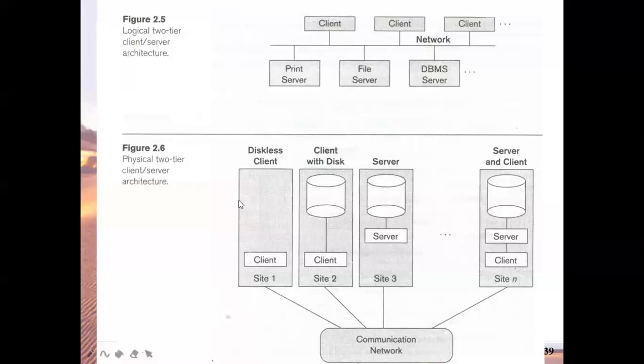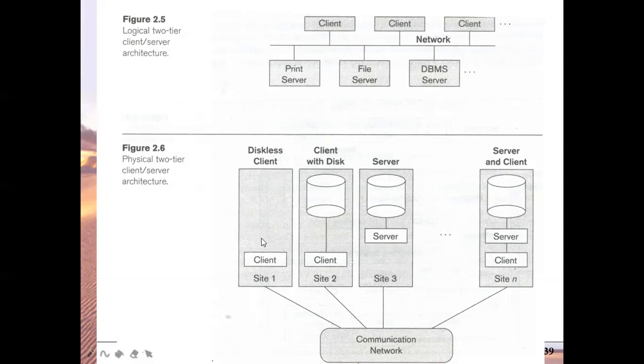Yeah. So here you can see the clients are two, and then there are two servers, which communicate via communication network. So this server could be a PC. Here two types of servers are shown, and even two types of clients are shown.